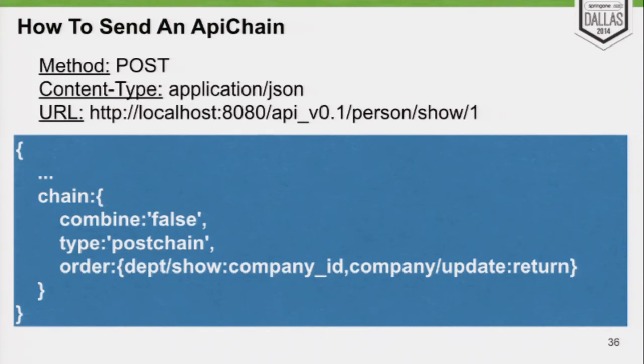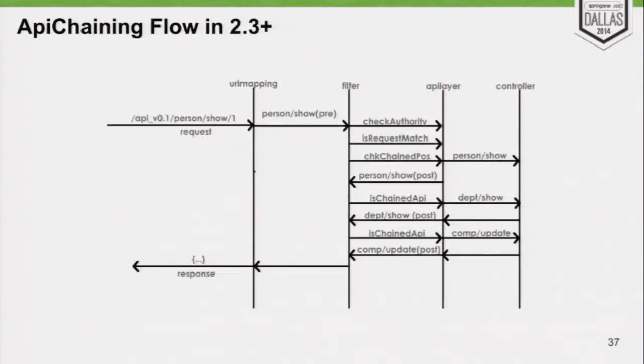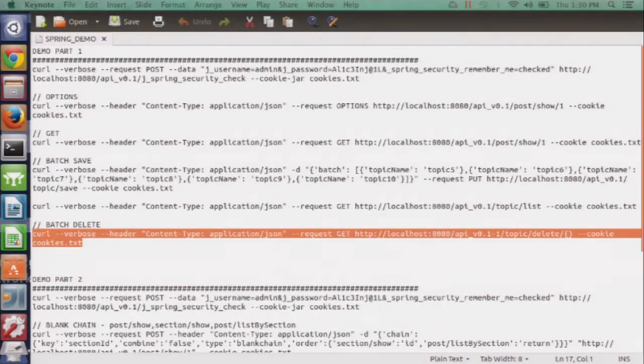So the first chain, the initial chain in this, is person show, which is then going to, whoops, let's fix that. I want to fix this real quick. You also have to do one additional thing.